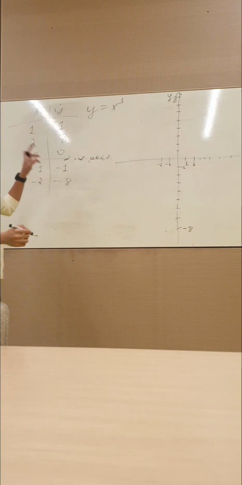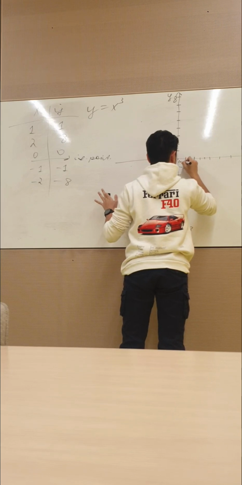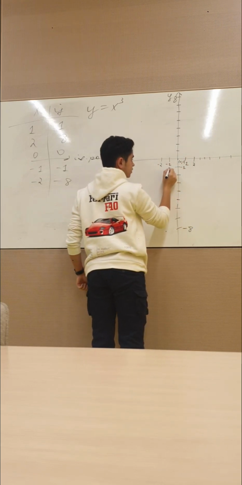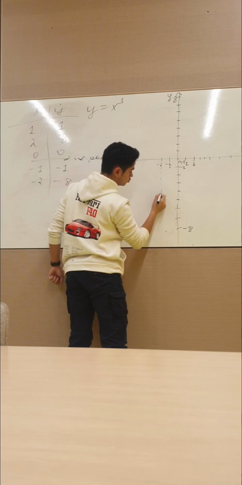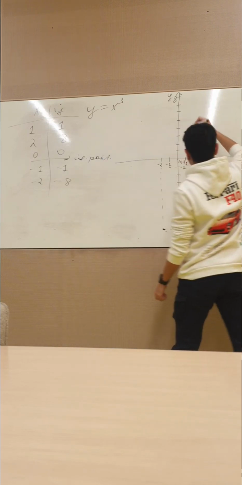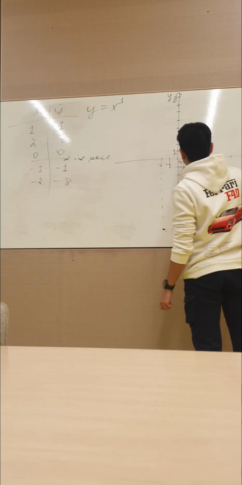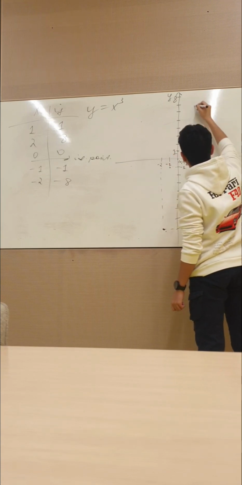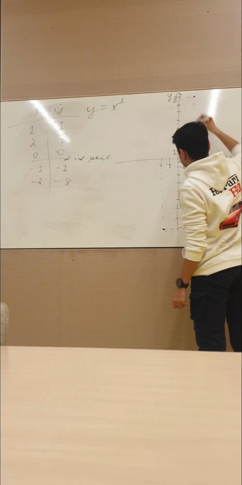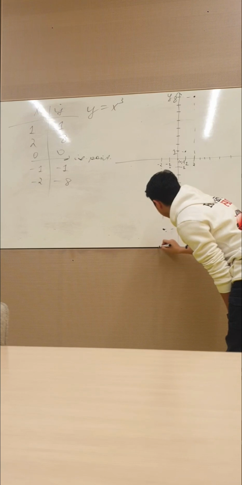And let's put the points according to our table. 0, 0 inflection point, minus 1, minus 1, minus 2, minus 8, 1, 1, and 2, 8. And then we just sketch the graph.